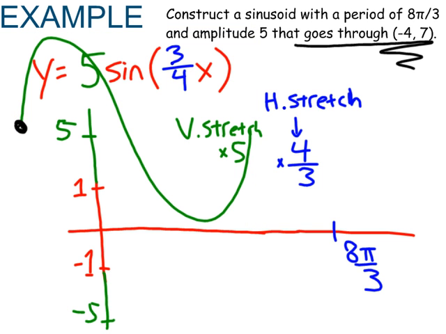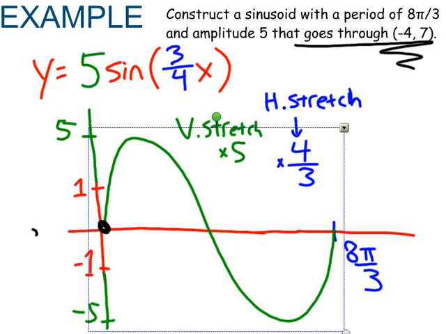So again, way out of scale, but if you follow the concept, -4, and let's say that this is at 7. I'm a little embarrassed by the quality of my graphics here, but I hope you're following the idea. And hopefully you followed that. I want it to go to the left 4 and then up 7.